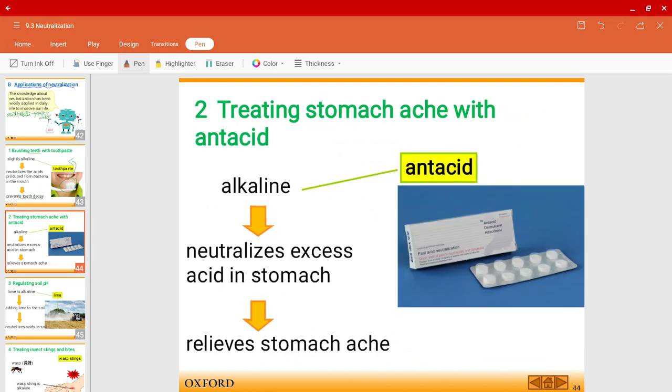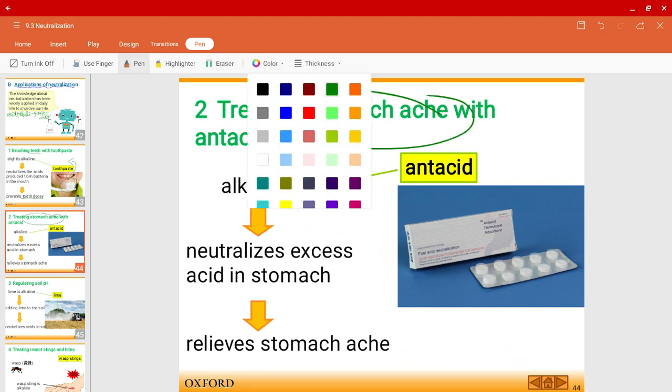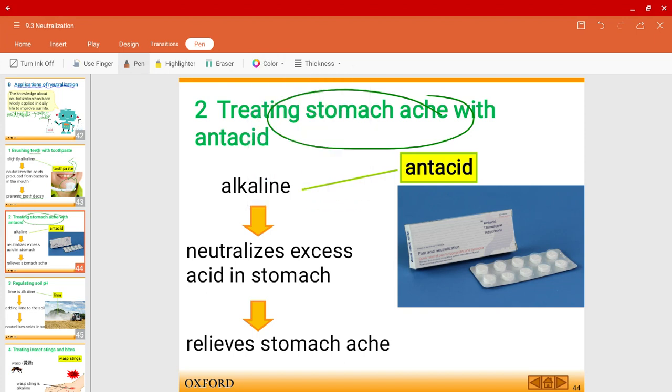Some other applications are one that I've mentioned in the first video of this chapter. How do you treat stomachache? Some of you might be using some medications, or maybe some of your family members have, for excess acid that is normally produced in the stomach. In order to relieve or remove this excess acid, we add a slightly alkaline medicine, which is an antacid.